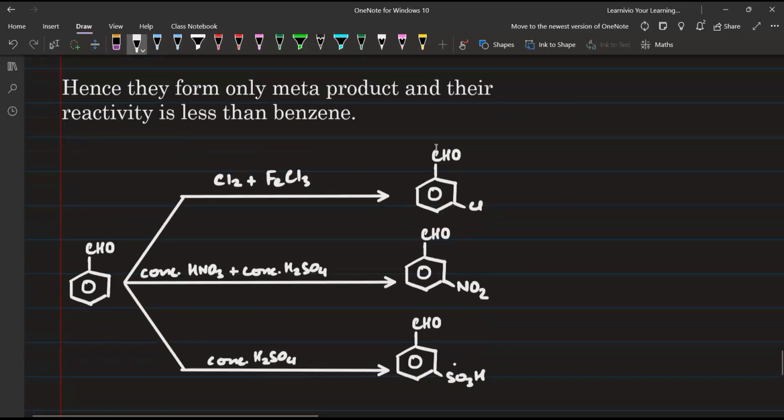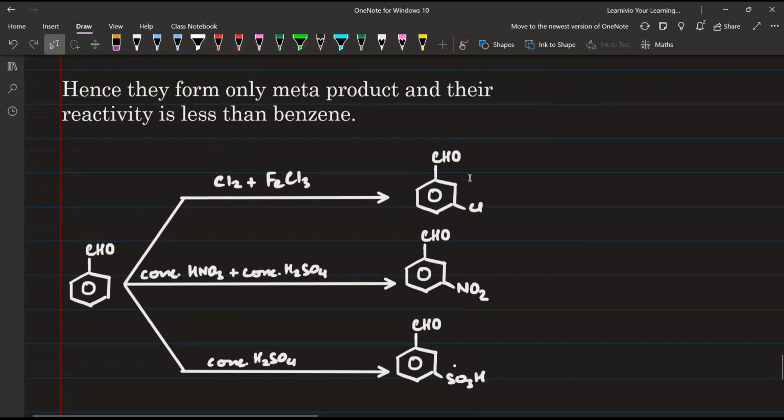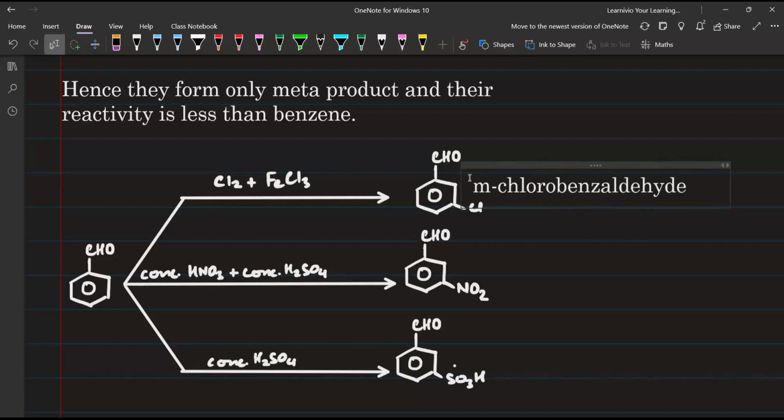Now, regarding the names of these molecules, you can start drawing now. Got this? Yes or no, please. Yes, sir. This will be m-chlorobenzaldehyde.